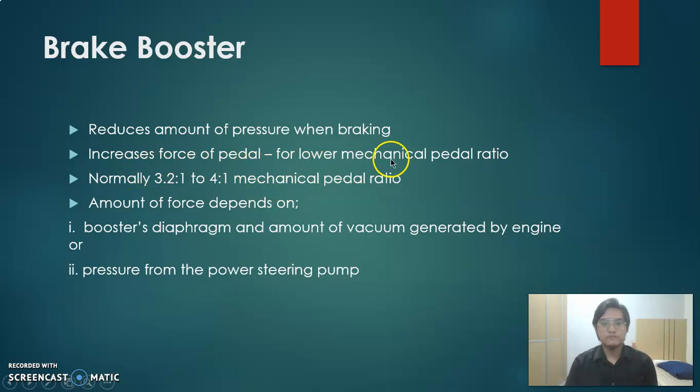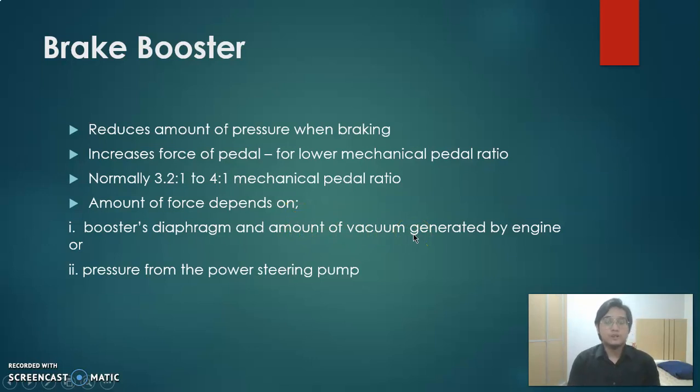It increases the force of the pedal for a lower mechanical pedal ratio. This is to ensure lower pedal travel. Lower mechanical pedal ratio causes shorter pedal travel. Normally 3.2 to 1 to 4 to 1 mechanical pedal ratio. For the vacuum brake booster, the amount of force is dependent on the booster's diaphragm and the amount of vacuum generated by the engine.